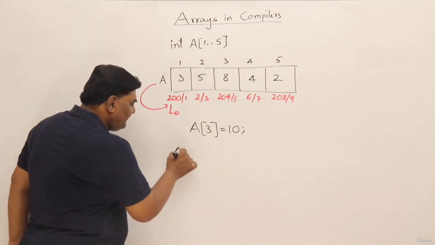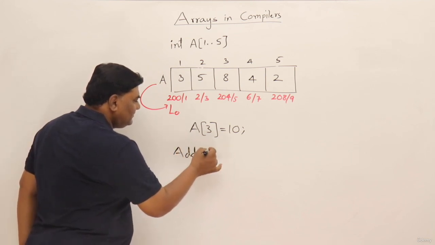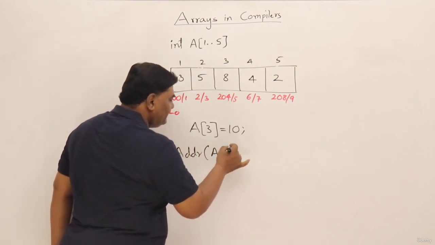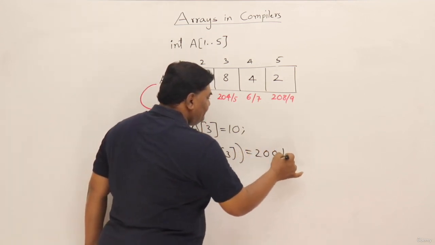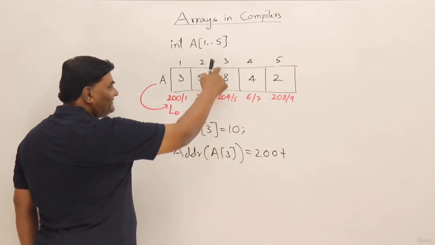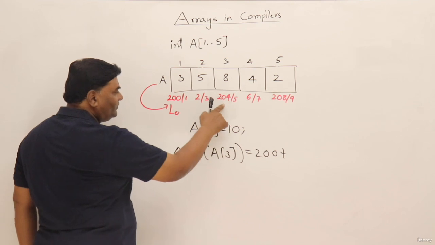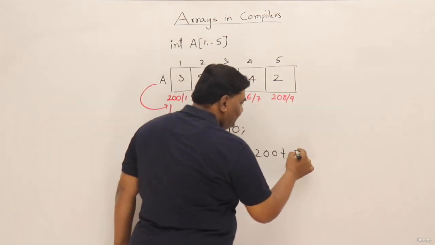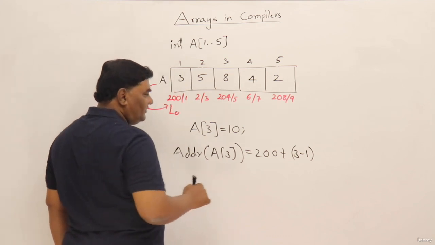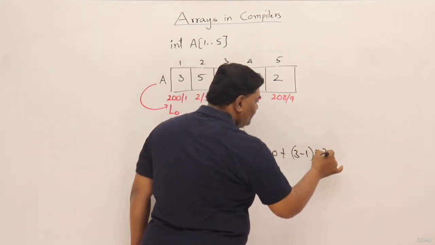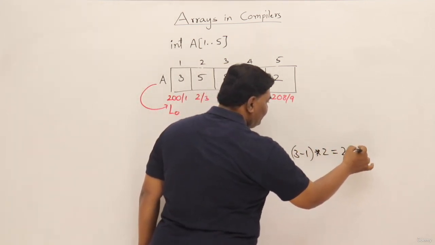So for the address of a location A of 3, the base address, that is 200, plus, see, third index is this one, so it has to reach here, that is 204. So it should be (3 minus 1), 1 less, because the indices are starting from 1 onwards, into 2. So this will be 204.